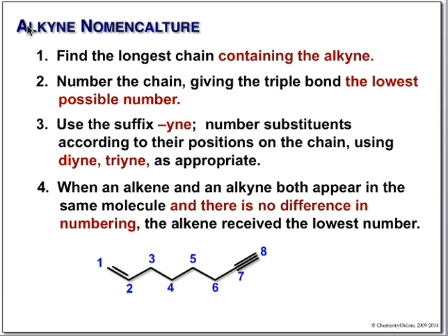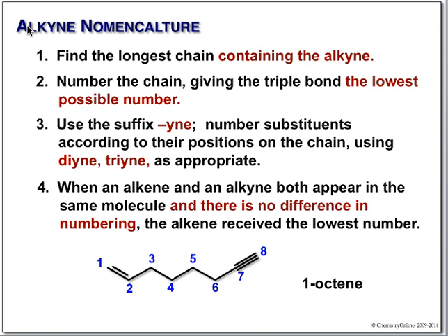All right, now we have 2 functional groups in here that we have to include in our name. If we didn't have the triple bond, we would just look and say, okay, we have 8 carbons, and there's an alkene in carbon number 1. So we would call this simply a 1-octene. But at carbon 7, we have a triple bond, don't we? The rule is to drop the E on the end.